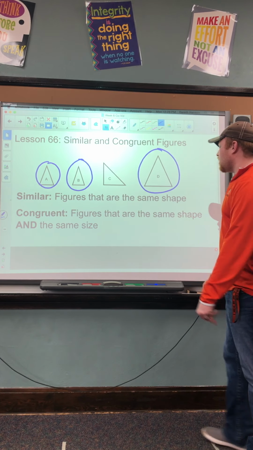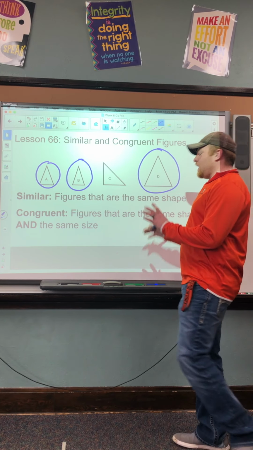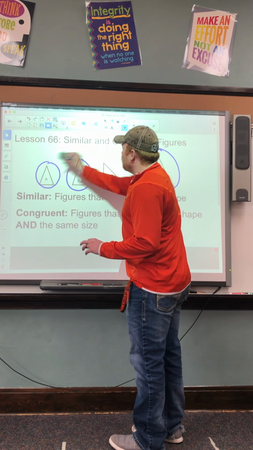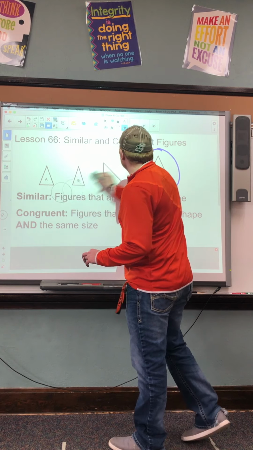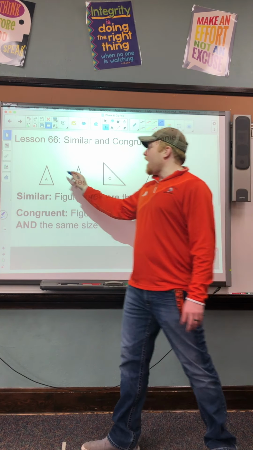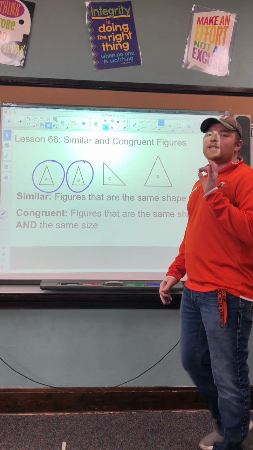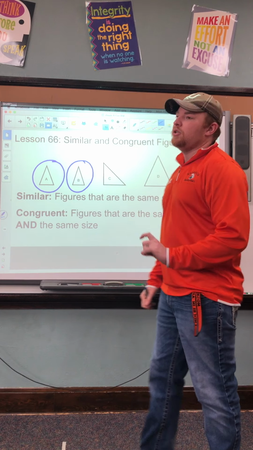Congruent are figures that are the same shape and the same size. Looking at these, what two triangles are congruent? It would be A and B. For a figure to be congruent, it has to be similar as well.